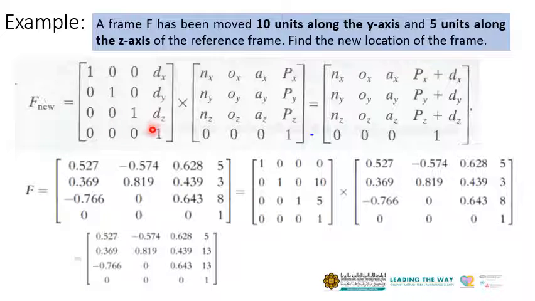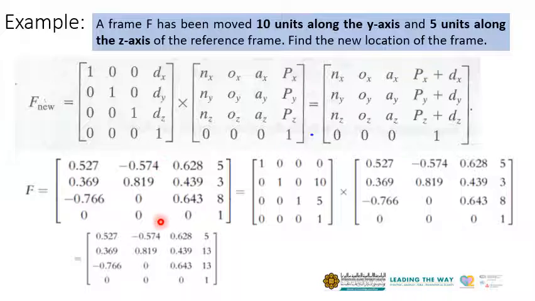So we first have to get the translation matrix, where dx would be 0, dy would be 10 units in the y-axis, and dz 5 units in the z-axis. You have this multiplied with your original frame, which is represented by this one.